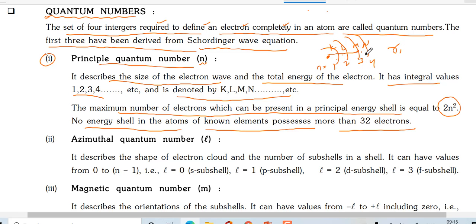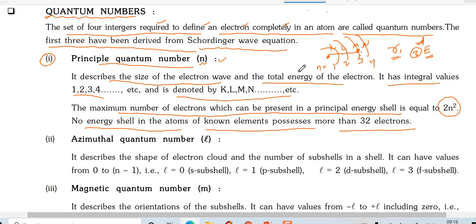These energy levels are increasing energy levels. If you know the third shell, the third shell energy will be some fixed value. So indirectly you will know how much energy that electron has. You will get the radius, you will get the energy. Also important, how many electrons the third shell can accommodate, that we also know from the principal quantum number.